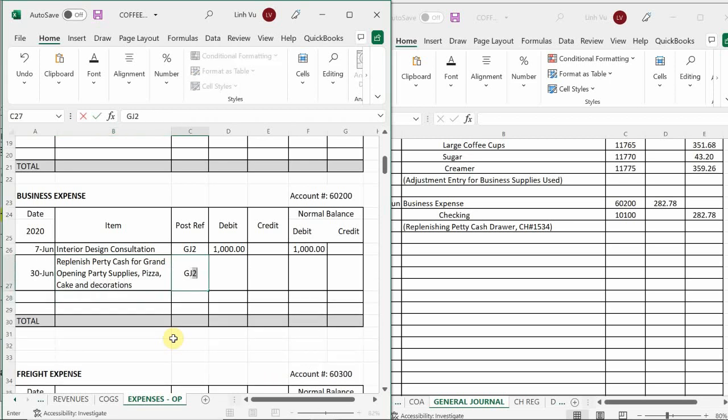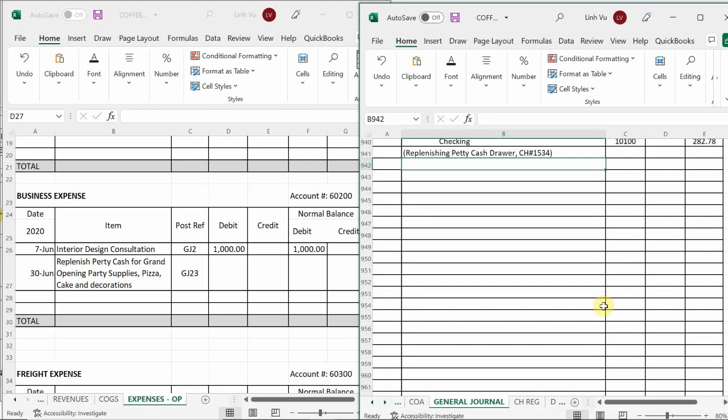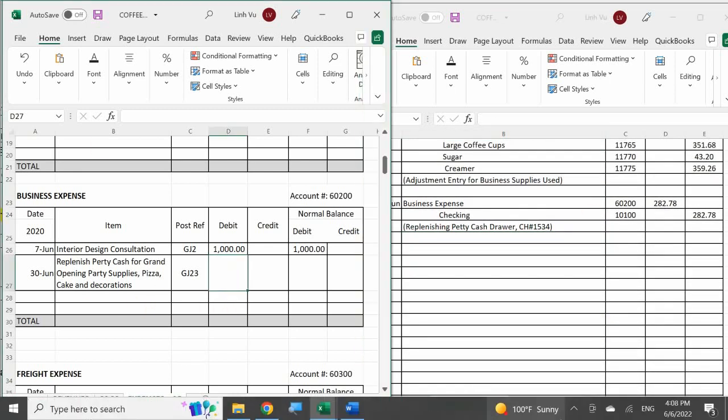General journal, we're still on page 20. I think we started a new page, right? Let's see, no, not yet. We're still on page 23 here. And it was for a total of $282.78.